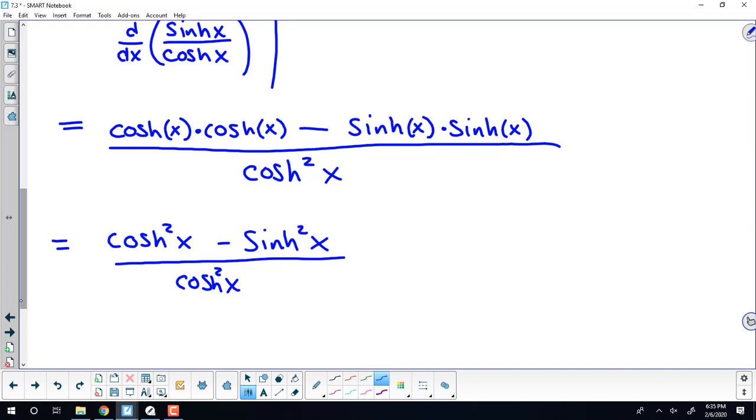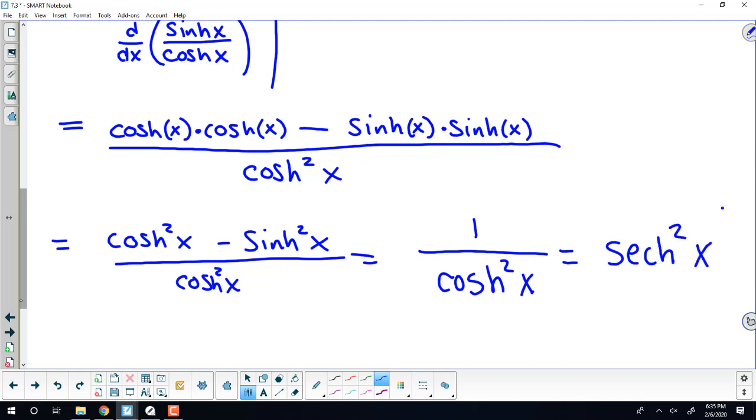Where do we go from there? The cosh minus the sinh to the negative 1. Right. So cosh squared minus sinh squared is just 1 over cosh squared, reciprocal. Derivative of the hyperbolic tangent is hyperbolic secant squared.